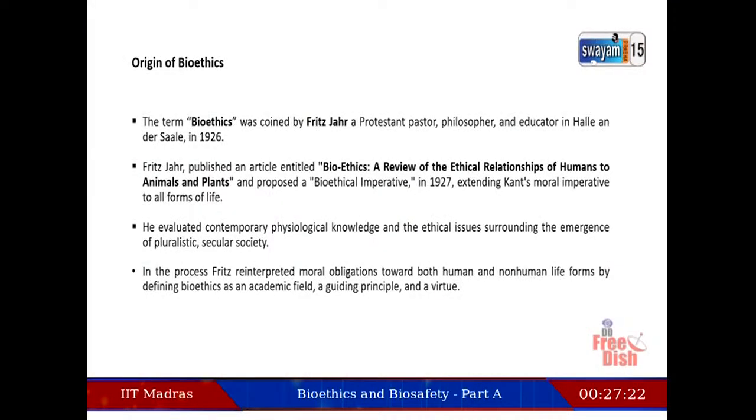The term bioethics was coined by Fritz Jahr, a Protestant pastor, philosopher and educator in Halle, in 1926. Fritz published an article entitled "Bioethics: a review of the ethical relationship of humans to animals and plants", and proposed a bioethical imperative in 1927, extending Kant's moral imperative to all forms of life.